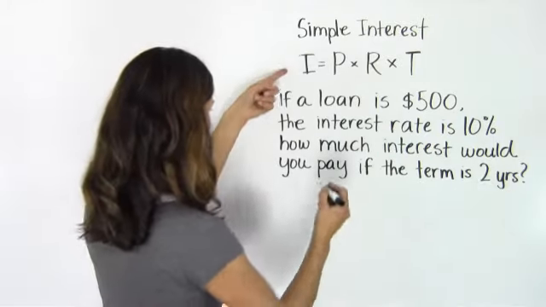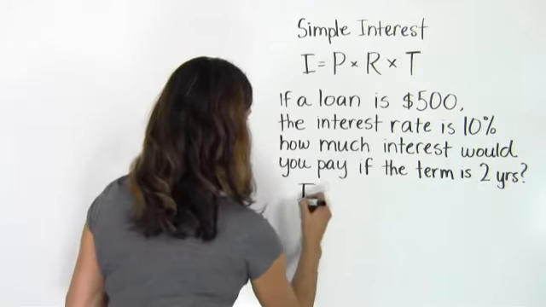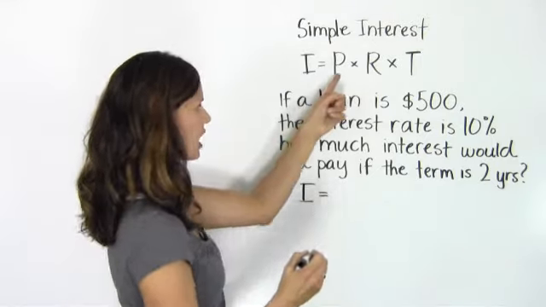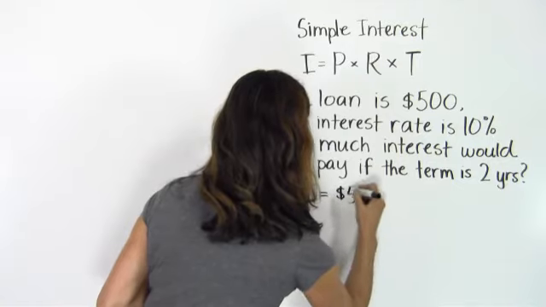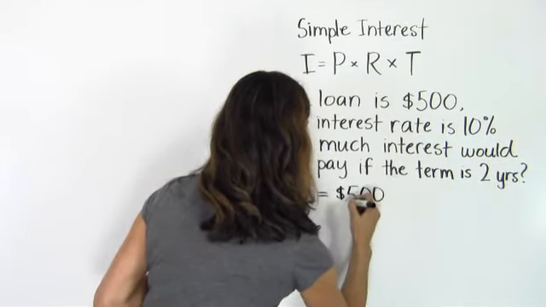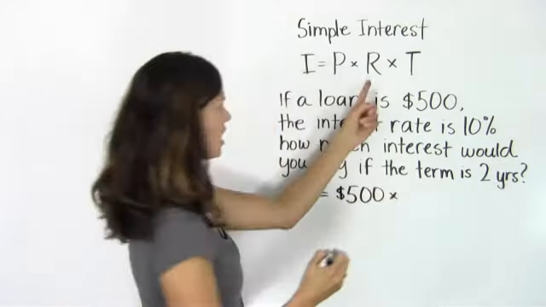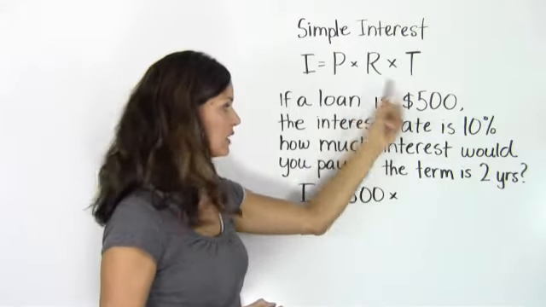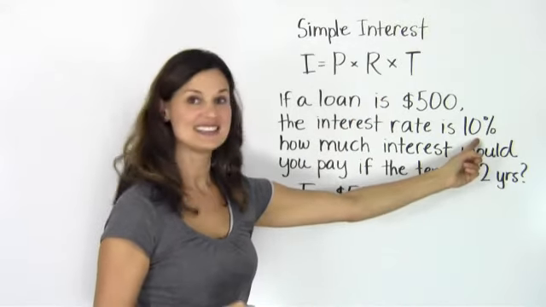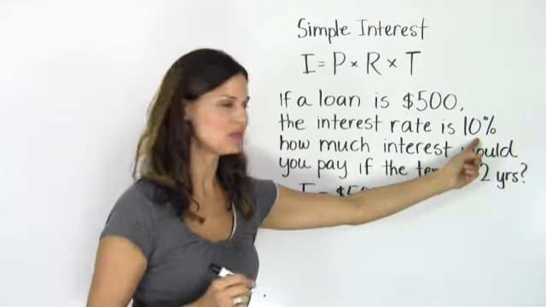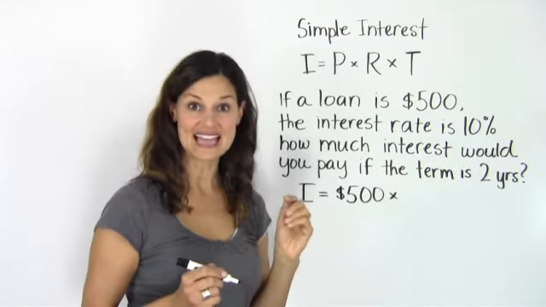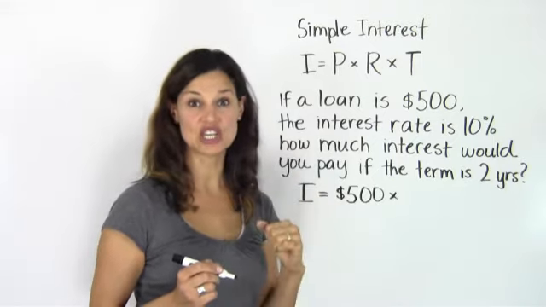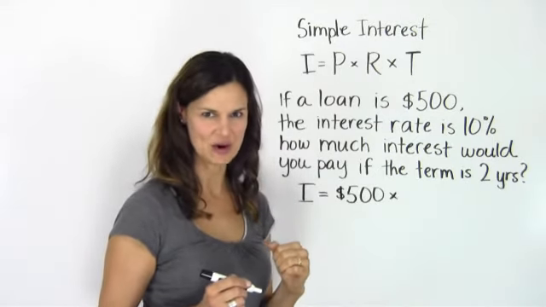So let's look at our formula here. Our interest equals our principal, which is $500, times our interest rate, which is 10% per year, 10% per annum. But like we talked about before, we can't leave it in percent. We need to convert it to decimal form.